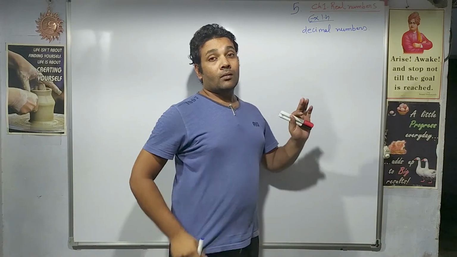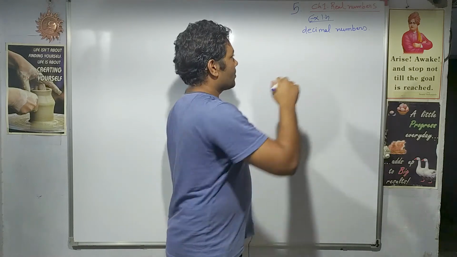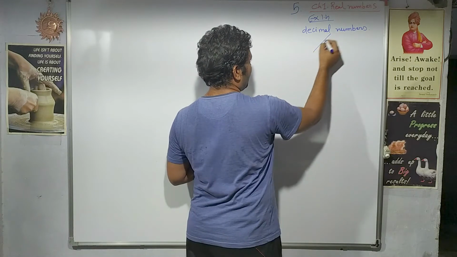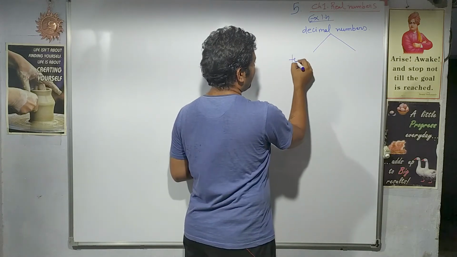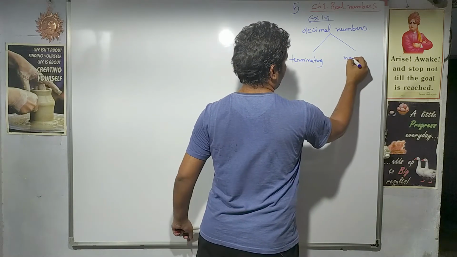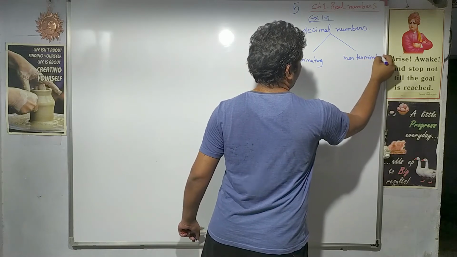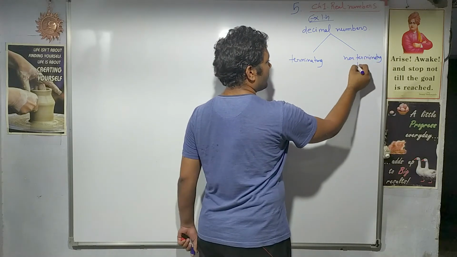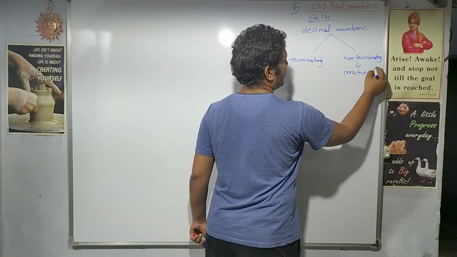What conclusions must you recollect regarding decimal numbers? The first thing is, decimal numbers can be classified into two categories: either they are terminating or non-terminating. Non-terminating leads us to the conclusion that they are irrational numbers.